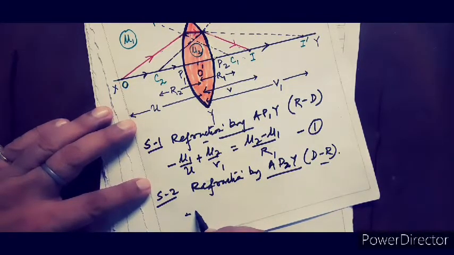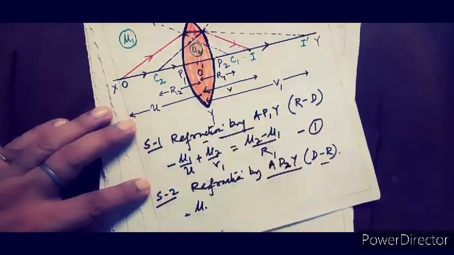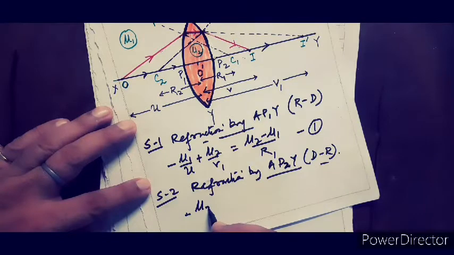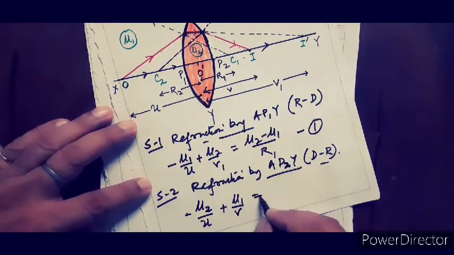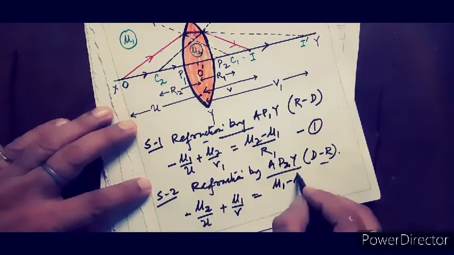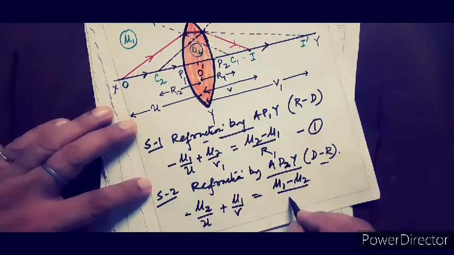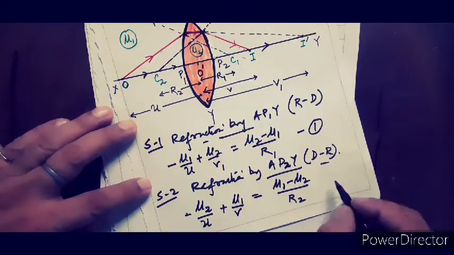Minus mu, object is in the denser medium, so mu2 by u plus mu1 by v is equal to mu1 minus mu2 by second radius, that is your r2.